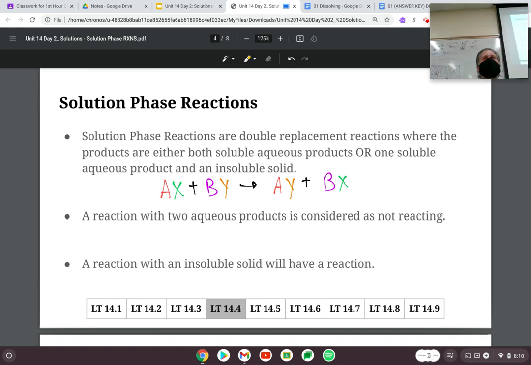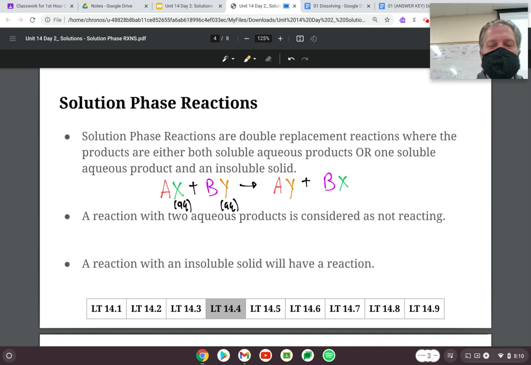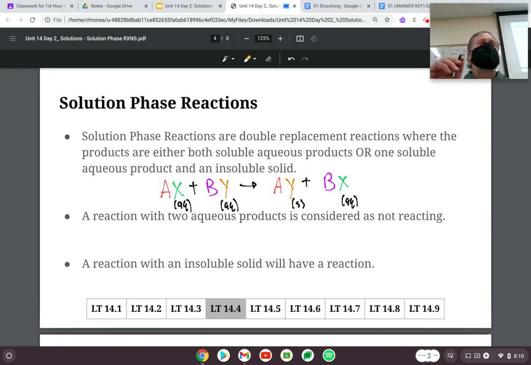Now, the new thing that we're going to add here is that the state of matter for AX has to be aqueous, and the state of matter for BY also has to be aqueous. But the reaction can occur if one of the products is a solid, say this one, and the other one will probably be aqueous.